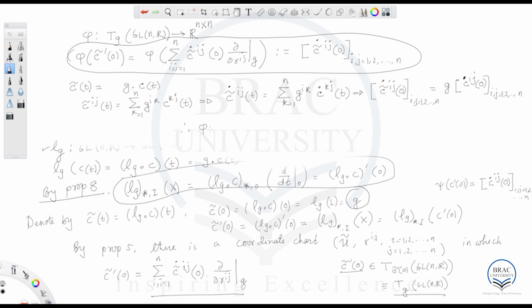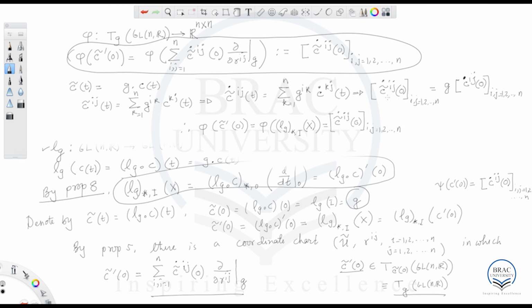Therefore phi of C tilde prime of 0, which is L_g star comma I of x, is equal to this matrix C tilde dot ij at 0, ij from 1 to n.